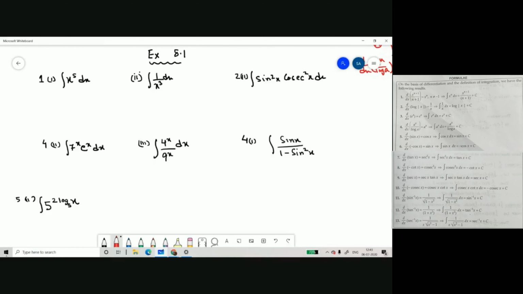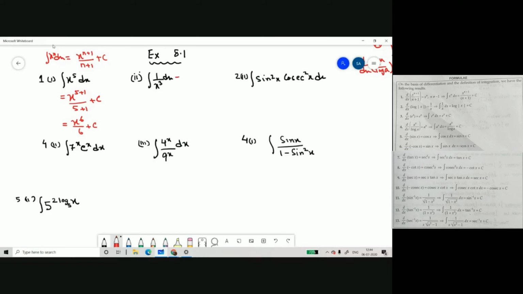Now look at sums from exercise 8.1, 1 part 1, integration of x to the power 5 dx. We have the formula: integration of x to the power n dx is x to the power n plus 1 by n plus 1 plus c, which means this will be x to the power 5 plus 1 by 5 plus 1 plus c, which is x to the power 6 by 6 plus c. Clear?